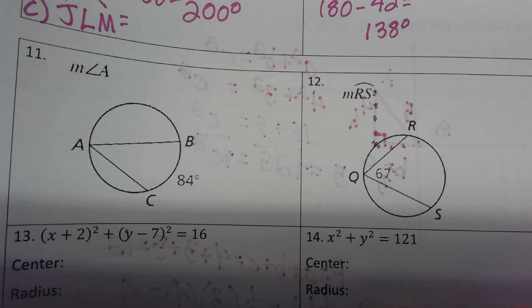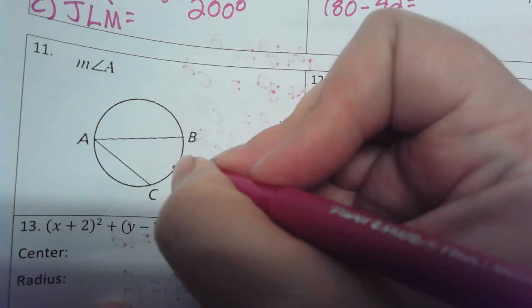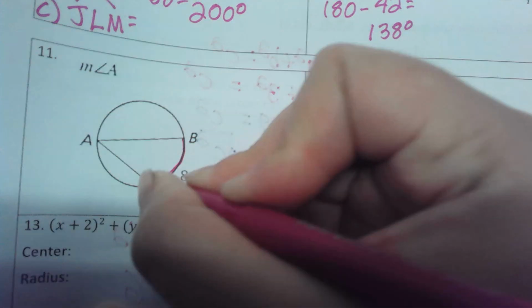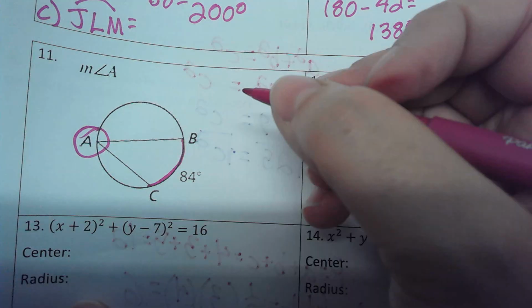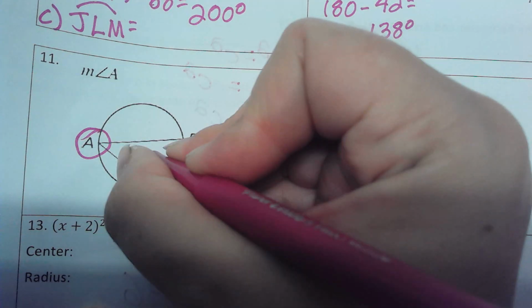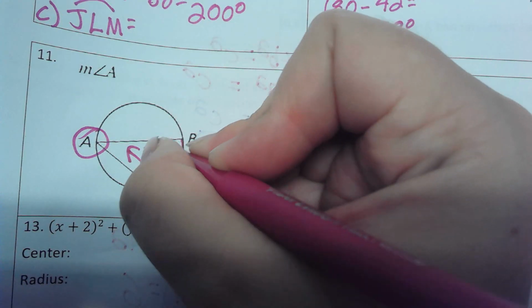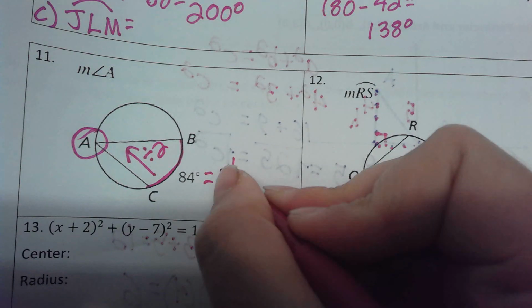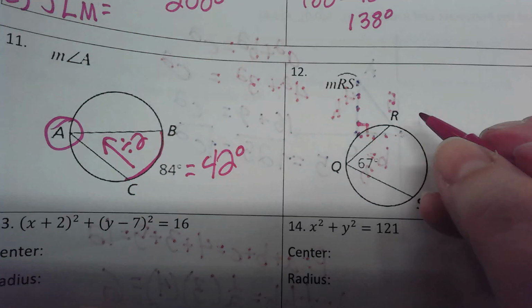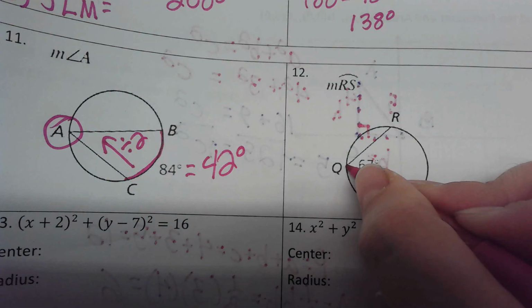Okay, so everybody, we got this. If we're going from arc to angle, okay, so we're going arc to angle A right here, what do we do? Divide by 2. So what's half of 84? 42. Okay. How about if we're going from angle to the arc?